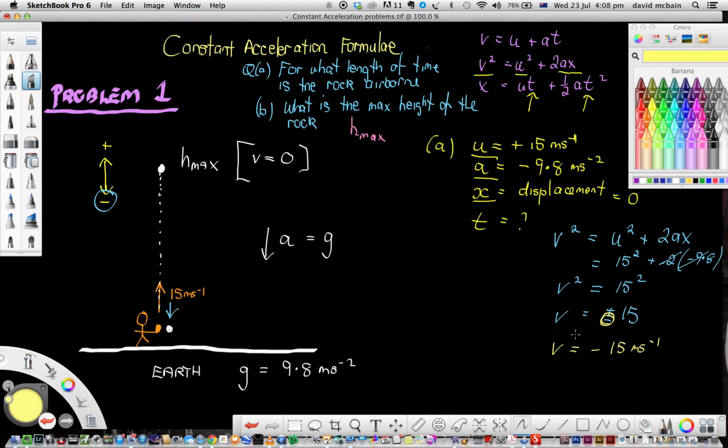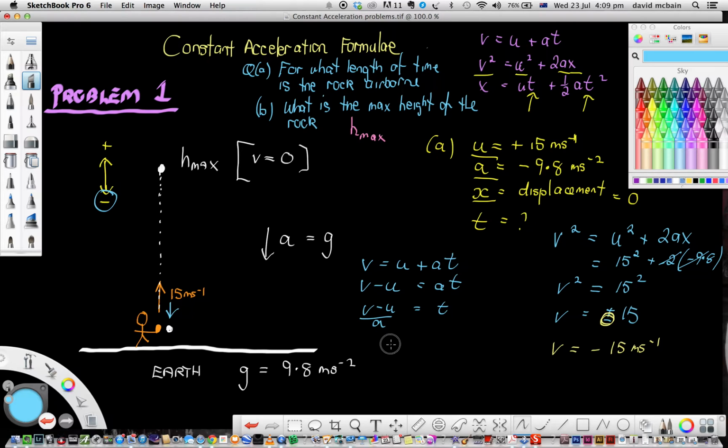The next step is to now use v and the other data to work out t. So we're now going to use this formula, v equals u plus at. We're trying to find t, remember, and so we need to rearrange this. So v minus u equals at, and therefore v minus u all over a equals t.